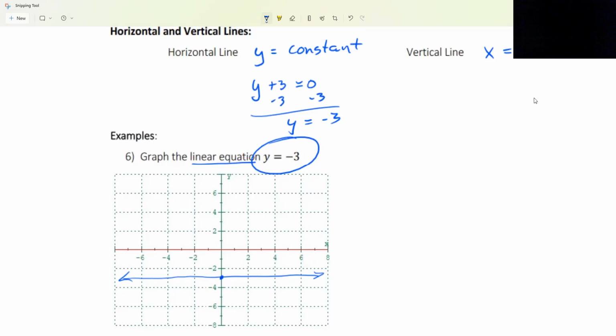It's the same thing with the x. They could have started off saying x minus 4 is equal to 0. So you think, all right, I'll just get x by itself. I add 4, and you get x is equal to 4. Now this is going to be a vertical line, but we're doing the same thing. We go over to 4 on the x-axis, and then draw a vertical line right through.